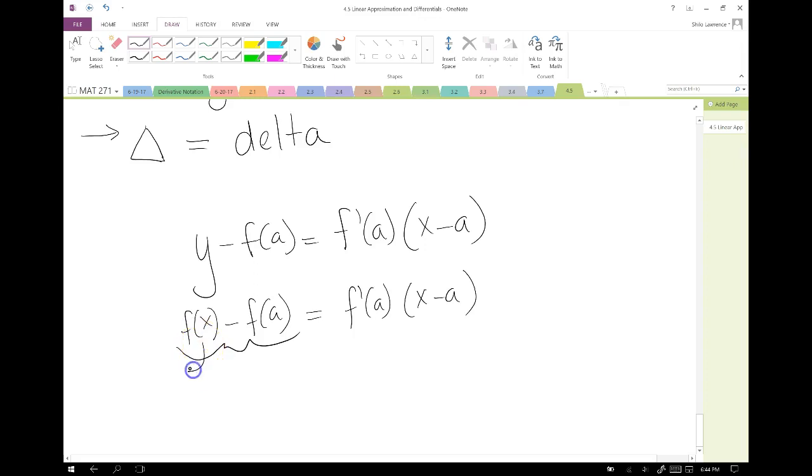This is an exact y value, and this is an approximate y value. This is the y value right at the initial point used to set up the linear approximation.